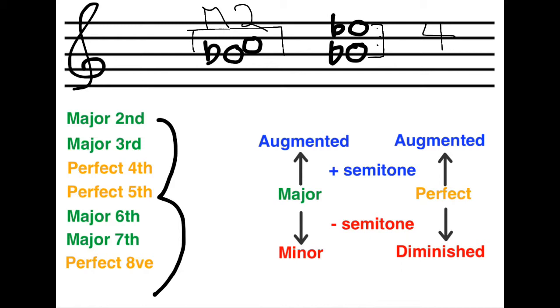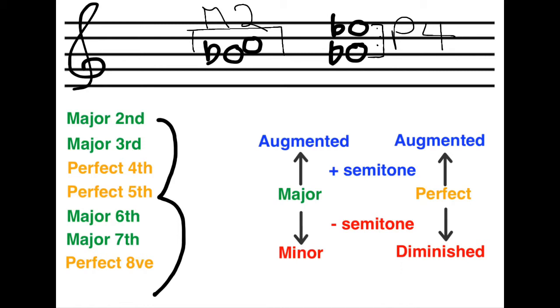We don't know what type of fourth it is until we ask ourselves, does the top note belong to the bottom note's major scale? In other words, does E flat belong to the scale of B flat major? And it does, because B flat has a B flat in the key signature and an E flat in the key signature. So E should normally be flattened, so because of that, it's a perfect fourth.